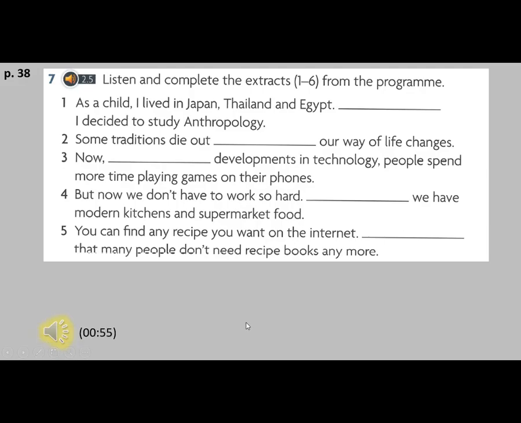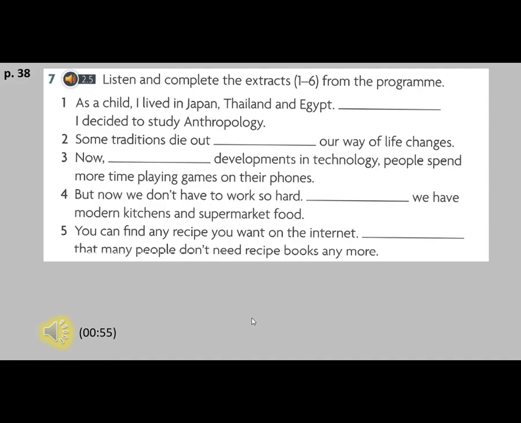2.5. 1. As a child, I lived in Japan, Thailand, and Egypt. That's why I decided to study anthropology. 2. Some traditions die out because our way of life changes. 3.